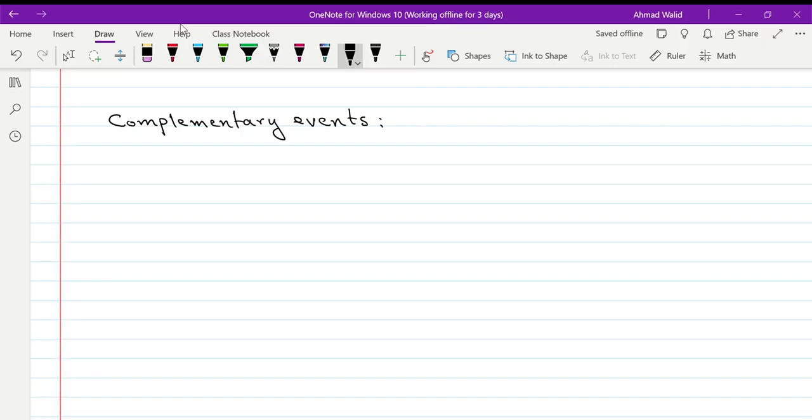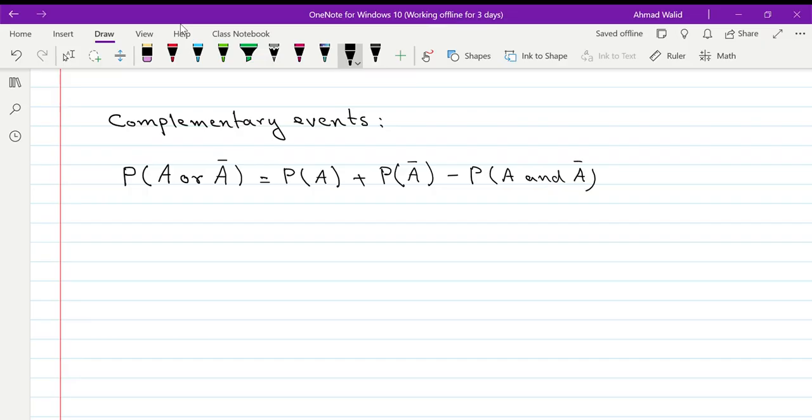But here for the addition rule, P of A or A bar, the complement of A, if I write the addition rule, it's equal to P of A plus P of A bar, the complement of A, minus P of A and its complement, A bar. Correct?